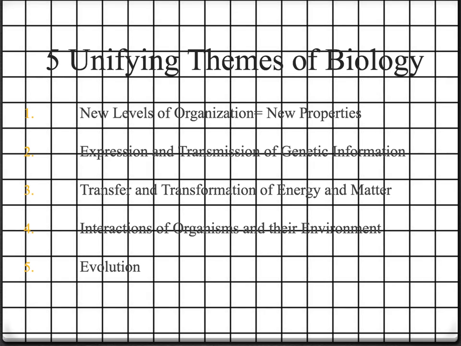There's expression and transmission of genetic information, i.e. DNA, and then there's the transfer and transformation of energy and matter, so if we're thinking plants, photosynthesis, interactions of organisms and their environments, and then again that big idea of evolution.